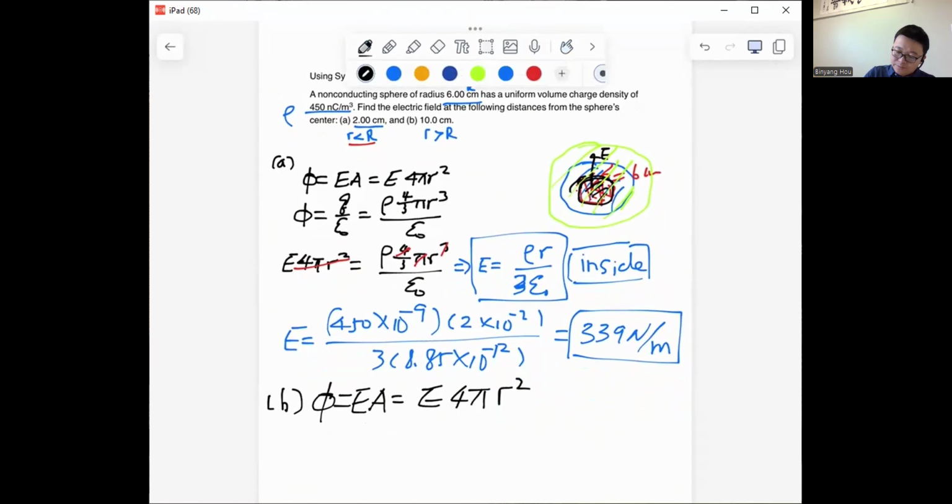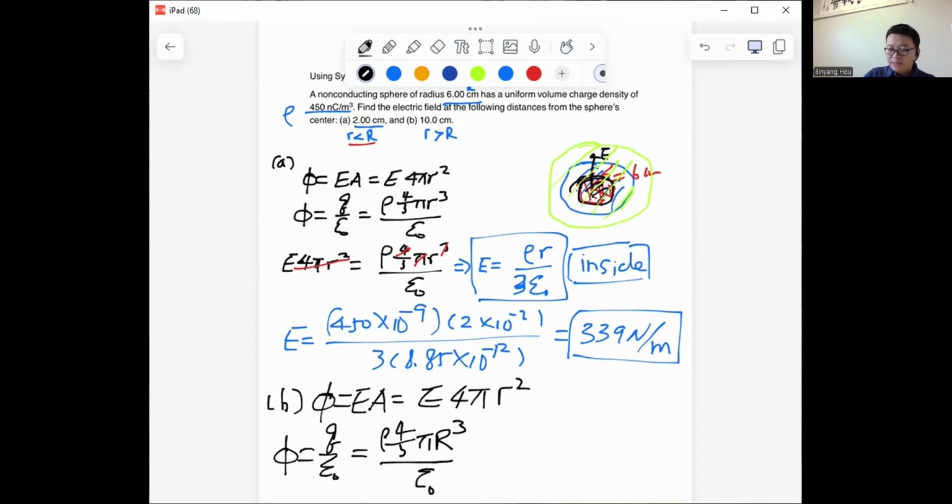This, according to Gauss's law, is again Q over epsilon naught. So Q is the total charge, because now the surface encloses the entire charge distribution. Q total will be rho times V, 4 over 3 pi times the radius of the sphere cubed, and then over epsilon naught.